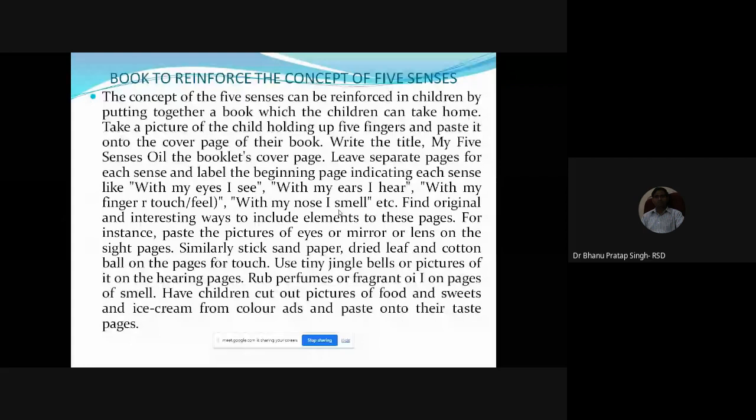The child holds up five fingers and pastes it on a page of their book, which means we are developing the sense of touch. They should be motivated to write the title, My Five Senses.